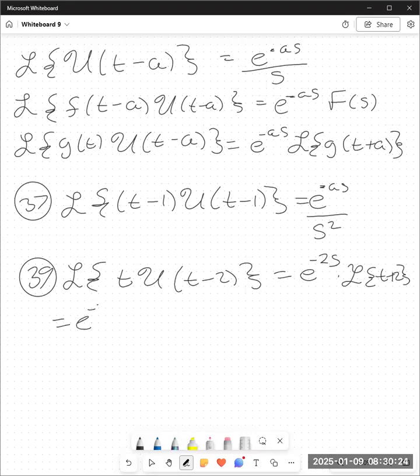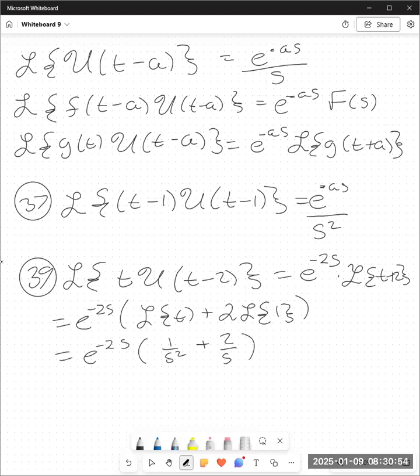So that equals e to the negative 2s times the Laplace transform of t plus 2 times the Laplace transform of 1. This is e to the negative 2s times 1 over s squared plus 2 over s, which is e to the negative 2s over s squared plus 2e to the negative 2s over s.